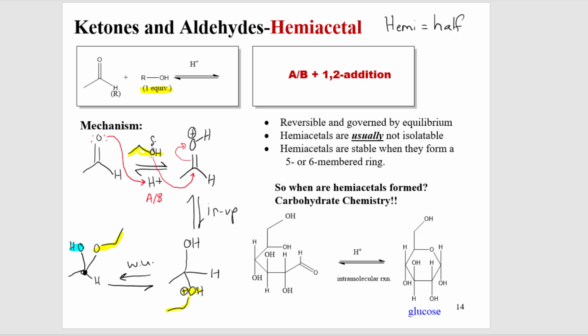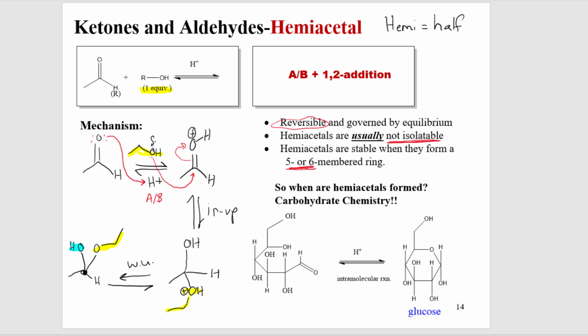The arrows I drew favor going back to the starting material. These are reversible reactions that are governed by an equilibrium, right? Because it's all acid-base chemistry. And these hemiacetals are usually not isolatable, not stable, unless they are part of a 5 or 6-membered ring.